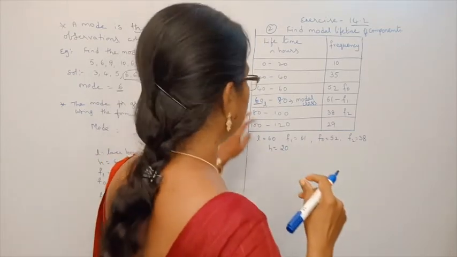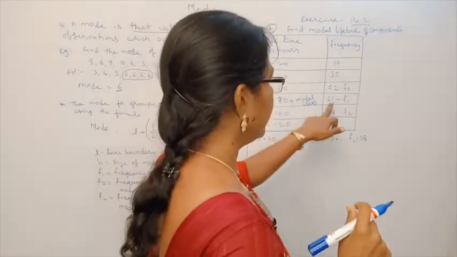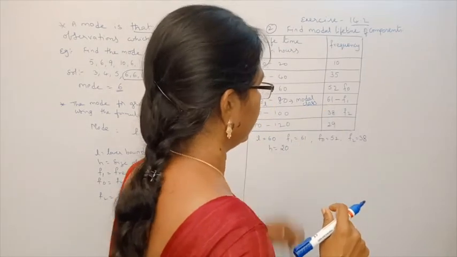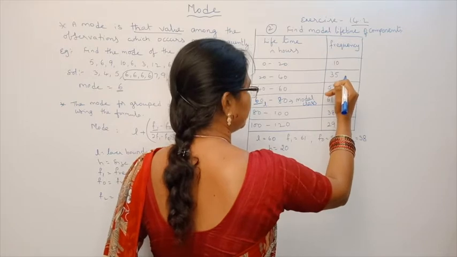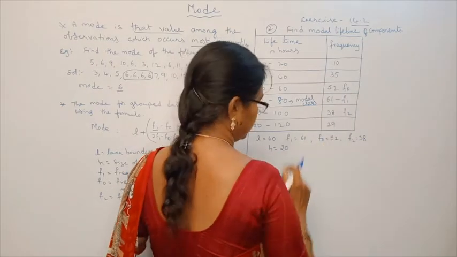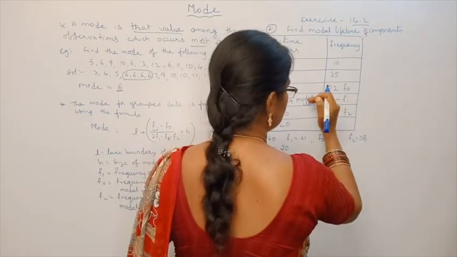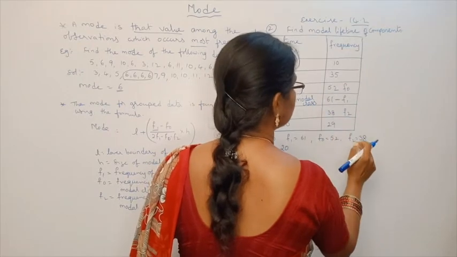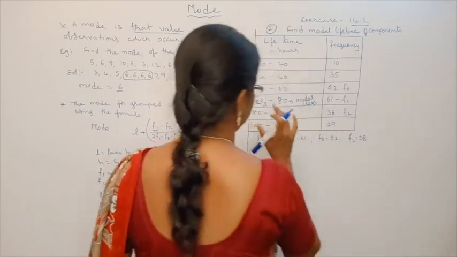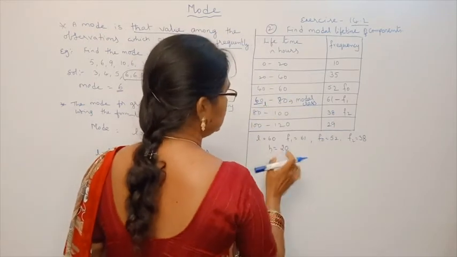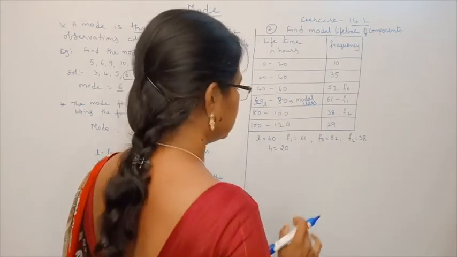The lower boundary is 60, F1 is the highest frequency, F0 is the frequency before the modal class, F2 is the frequency after it, 38. The class size of the modal class is 20.